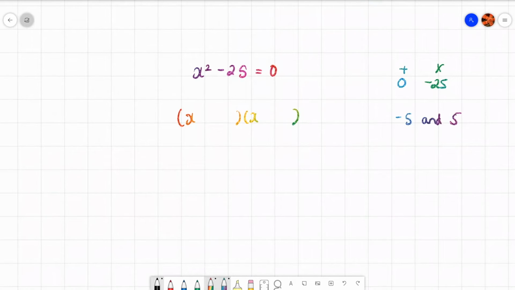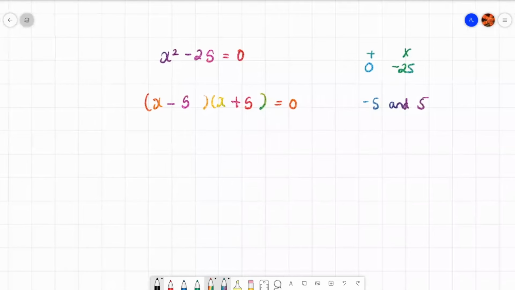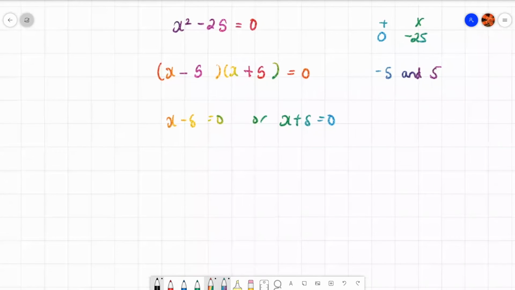It's called difference of 2 squares because the square root of 25 is 5. So x minus 5 and x plus 5 equals 0. Make each bracket equal to 0. x minus 5 equals 0, or x plus 5 equals 0. Again, you need to solve then. Okay. And if we solve, I've got x equals 5, or x equals minus 5.